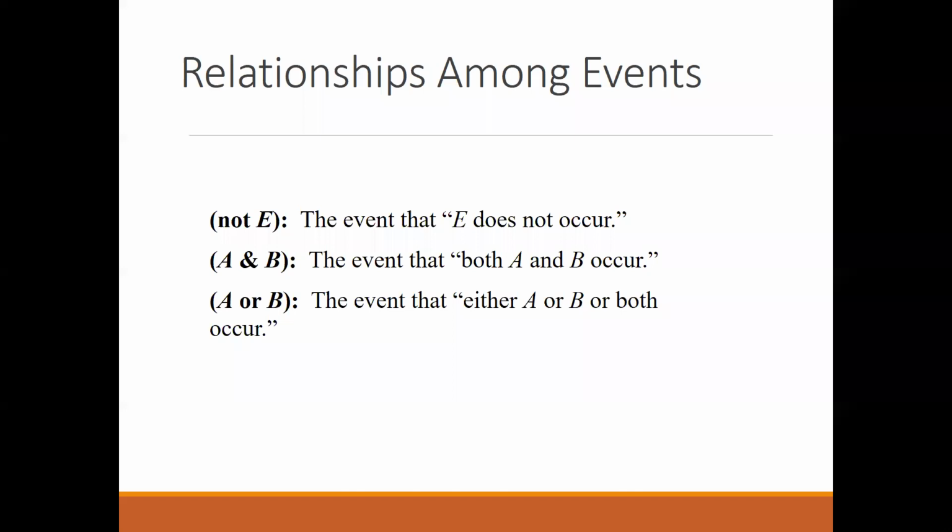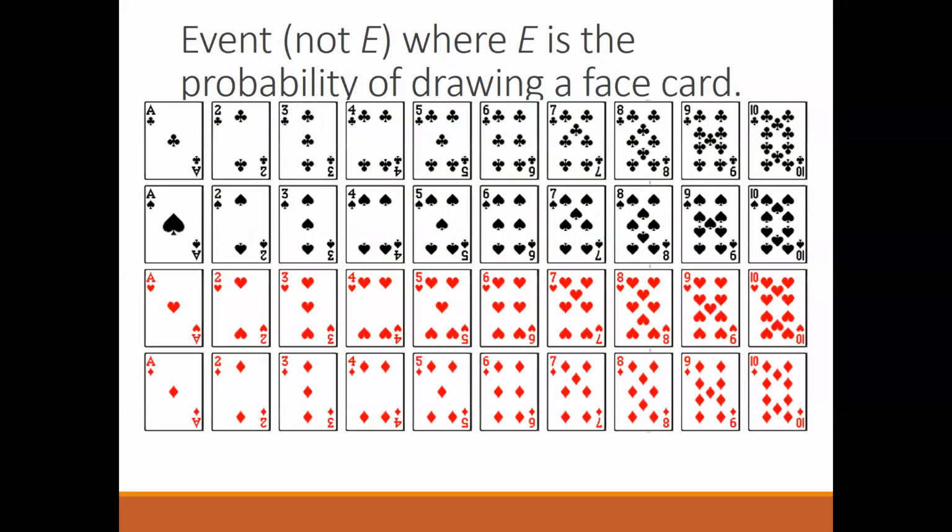Now, using this, let us see some examples. Look at the question on top. Event not E, where E is the event of drawing a face card.